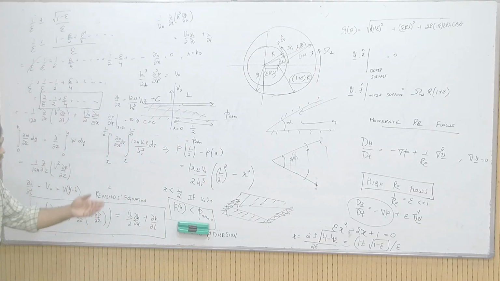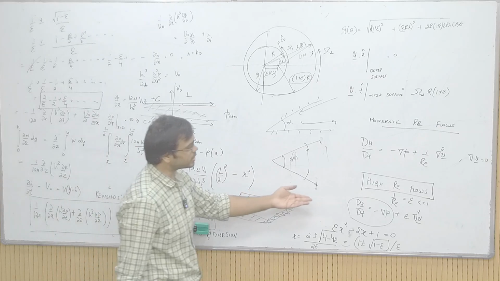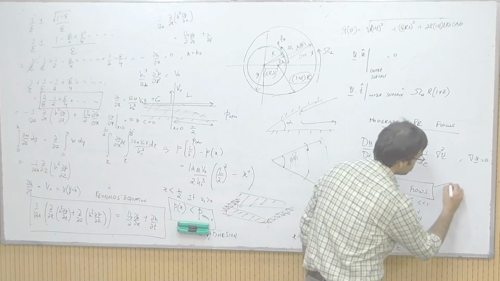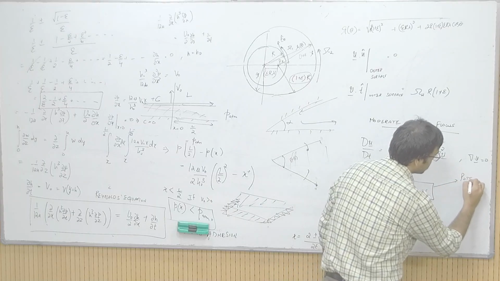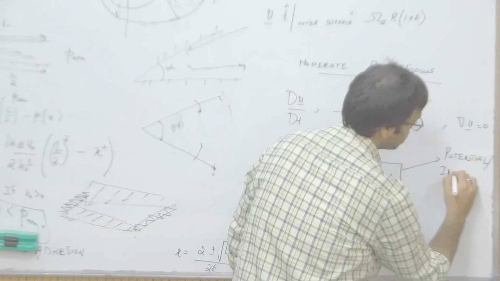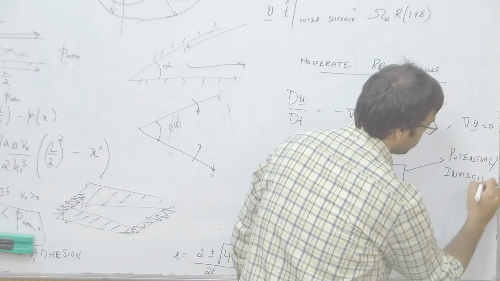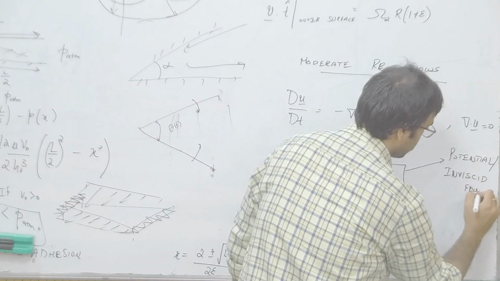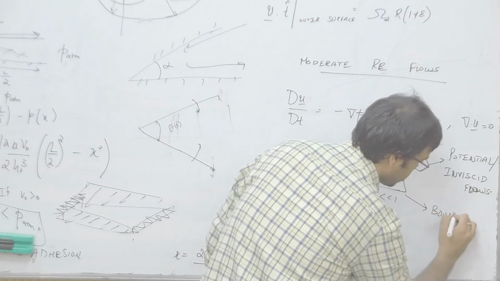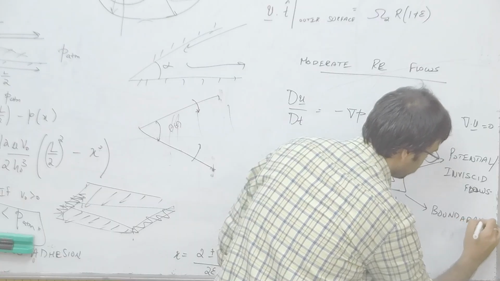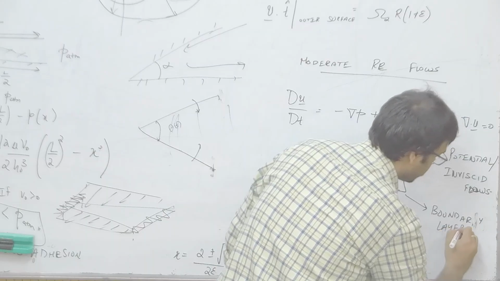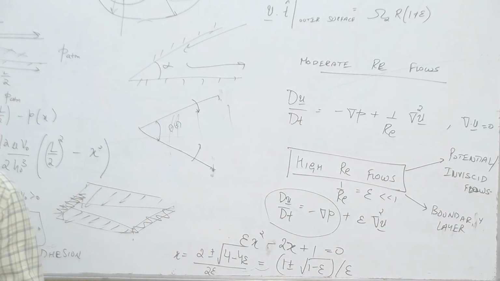And this is the beginning of our discussion on high Reynolds number flows, and as we will see, the so called potential flows or inviscid flows, and the boundary layer theory are the two sides of the same coin of high Reynolds number flows.